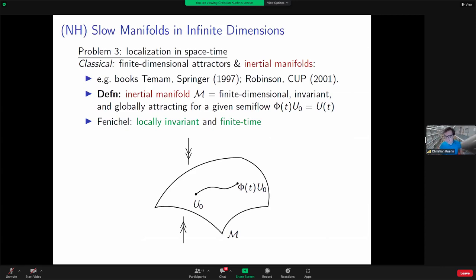But there are more problems. I mean, this is the unfortunate part. This theory looks a little bit like you could immediately try to convert inertial manifold methods that are, for example, very well known since, I don't know, the 80s, I guess, into this fast-slow setting. But there is unfortunately a little bit of trickery. So for Fenichel, what you want is locally invariant patches that you can apply near certain solutions that you have computed on the critical manifold, and you want finite time chunks where you can follow your dynamics.